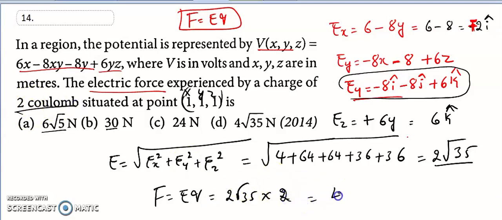So that is equal to 4 root 35. So which is the answer for this one? 4 root 35, that is option D, is the right answer for this question. Okay, 4 root 35 Newton. So let's move to the next question.